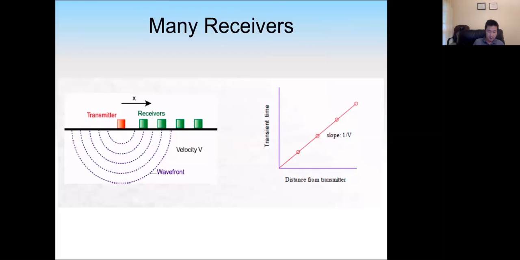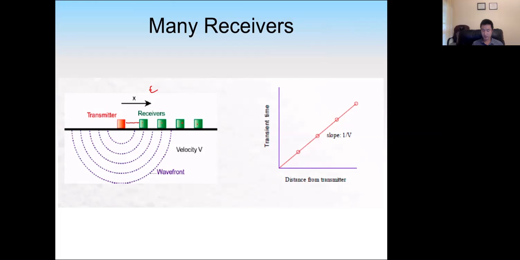So we can measure the velocity depending on the distance and time. We can also move the receiver to different positions, and we measure the distance between the receiver and the transmitter, and also the time. From there we can draw the curve.